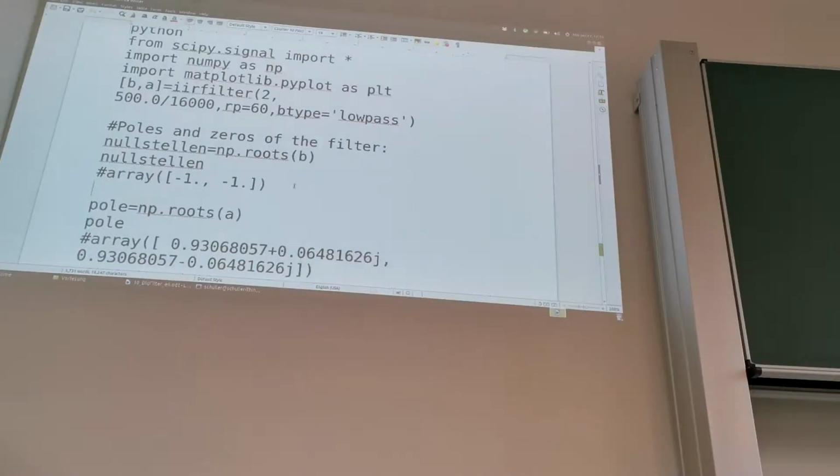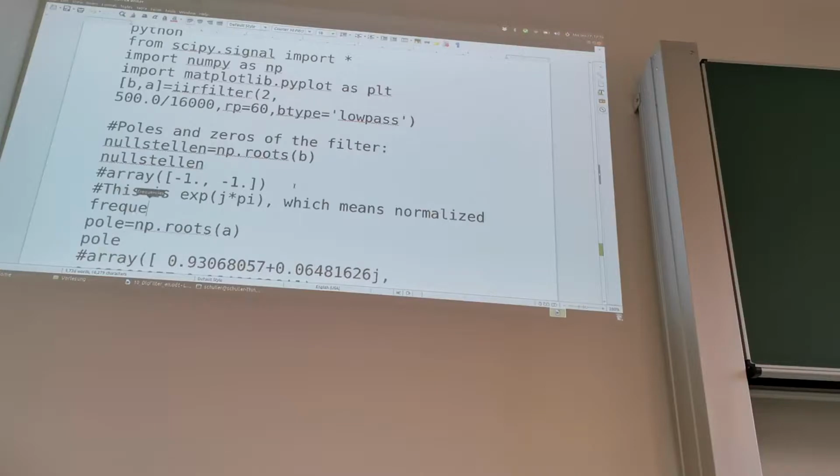So this is actually S of j times pi, which means normalized frequency pi or Nyquist.